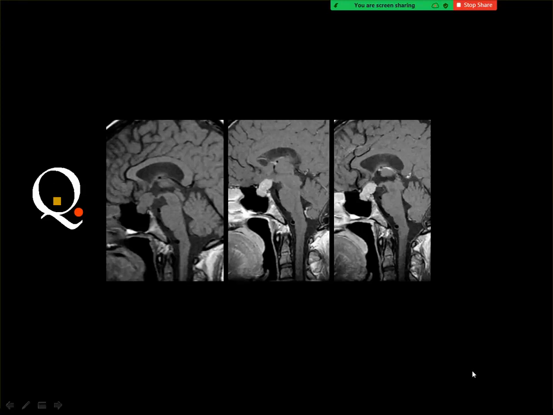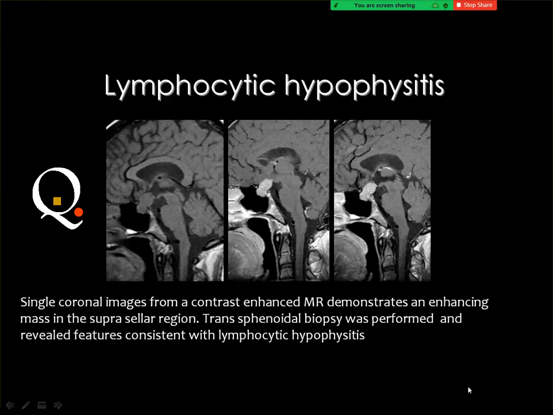In order to reach the differential diagnosis, you need some clinical help. In Langerhans cell histiocytosis, this is a child, and the appearance will go with histiocytosis. Also, you may see some osteolytic lesions in the calvarial bones.